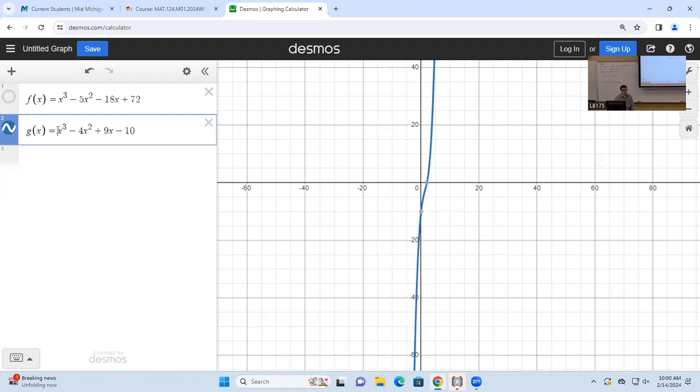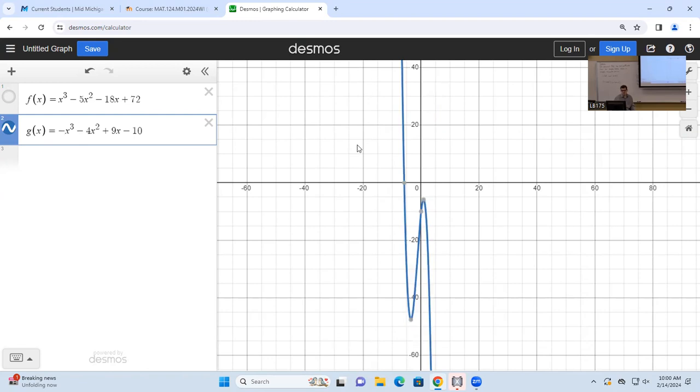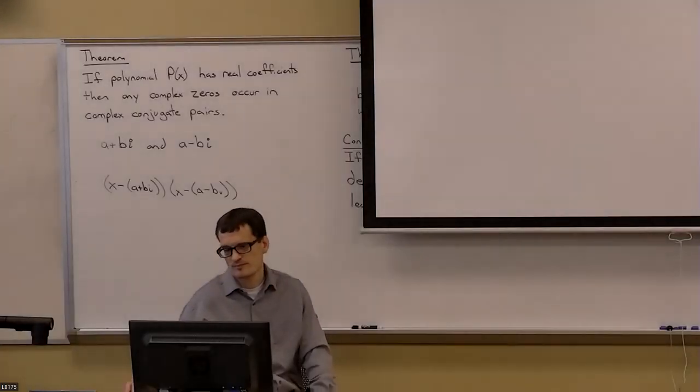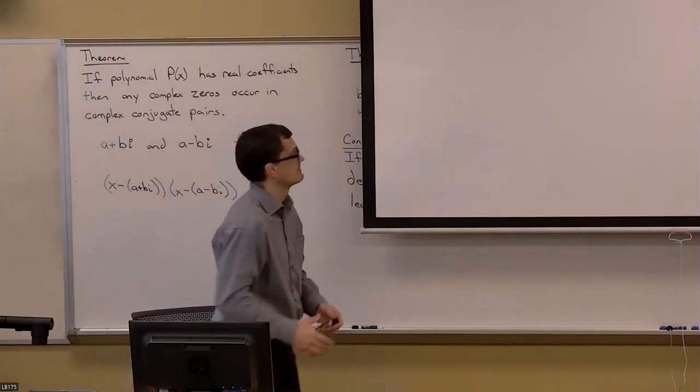But if the coefficient was negative, I know it'd have to cross the x-axis at one place, at least. Does that make sense? And if the coefficient was negative, as you move left, you go to positive infinity. As you move right, you go to negative infinity. Okay. So that's how that happens.